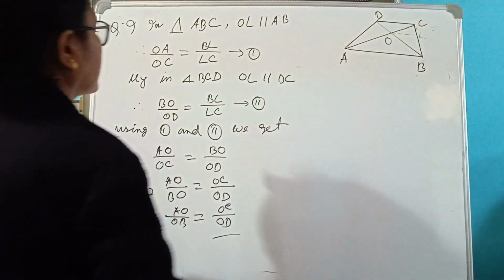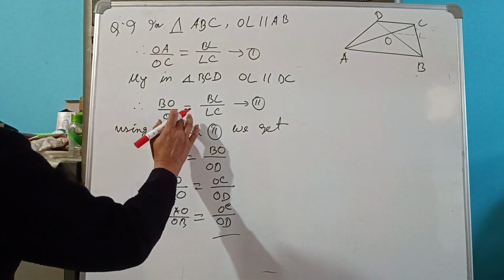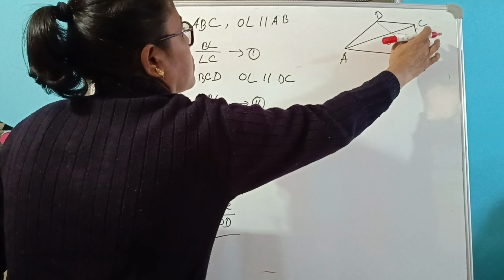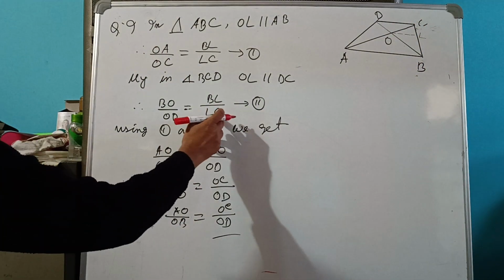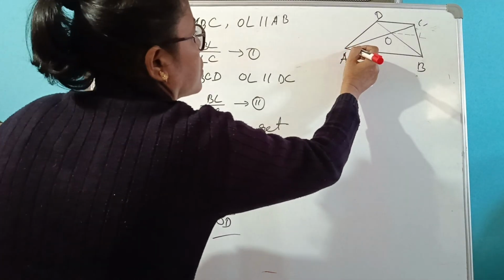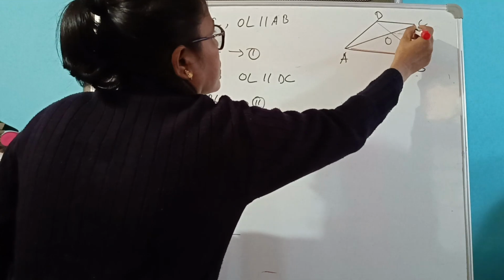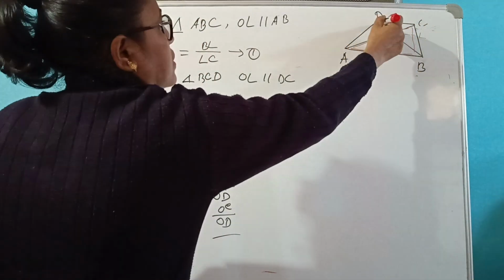So, BO by OD is equal to BL by LC. You understand this? First time we take this triangle, and second time this triangle.